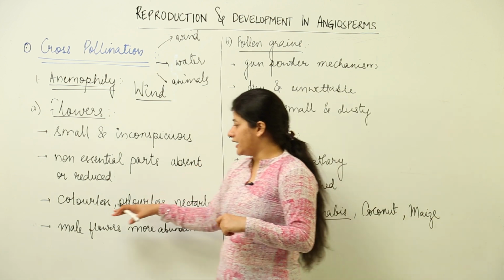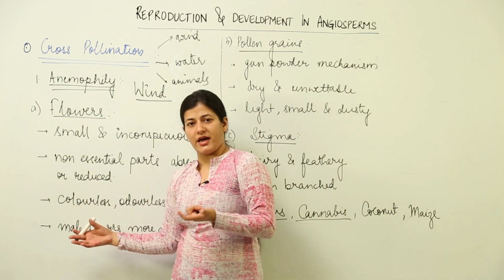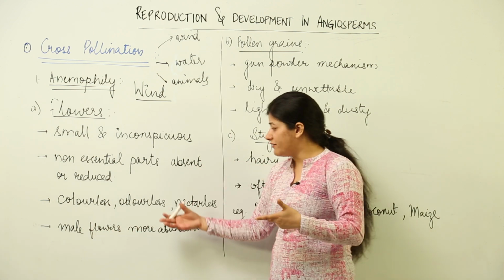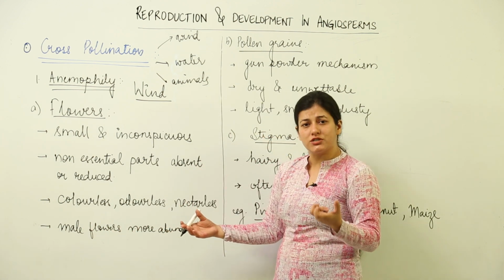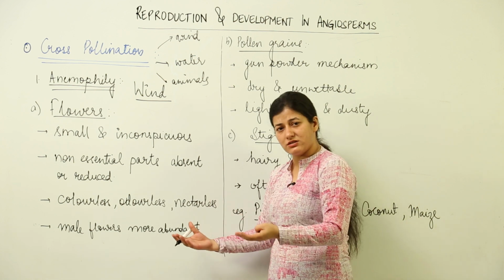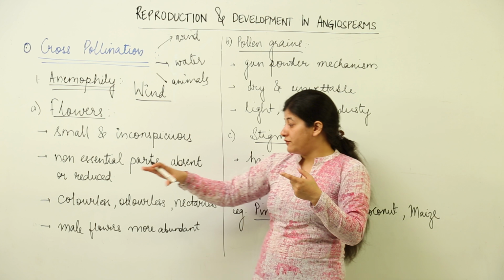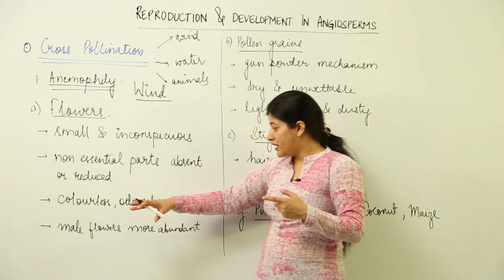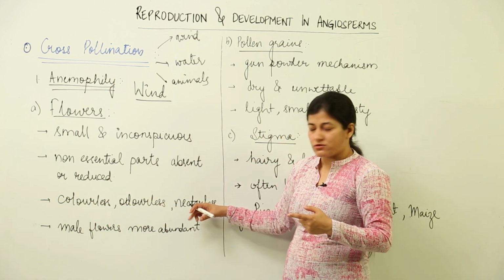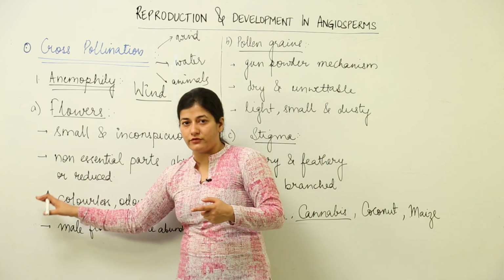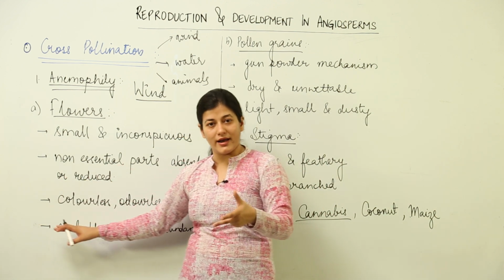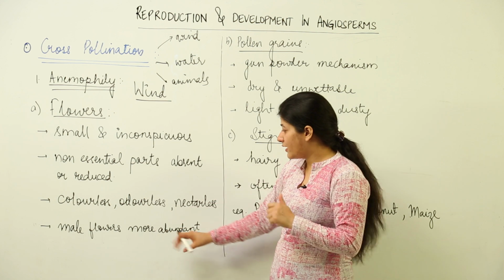And the next characteristic is, because the flower does not have the liability of attracting insects towards itself, because its dependence is on wind, which is an abiotic factor, the flowers are usually colorless, odorless and nectarless.